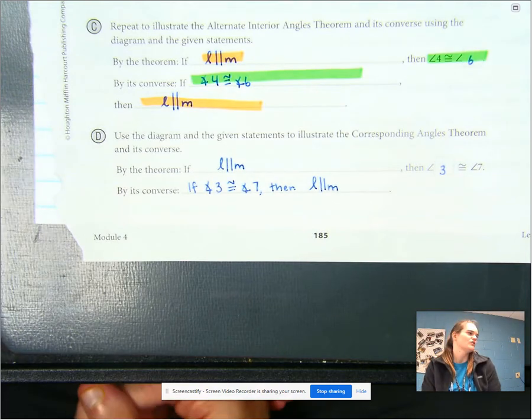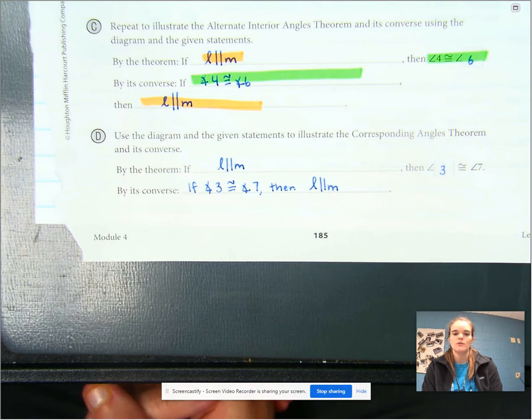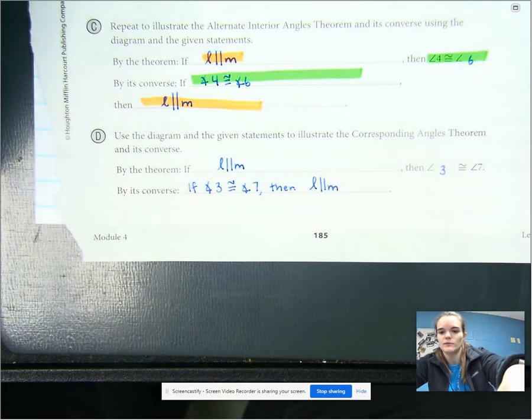So we're going to talk about how to actually prove that lines are parallel today. Cut from the word explore to letter D, and we're going to leave that in your notebook.